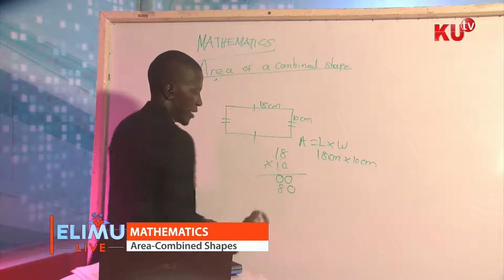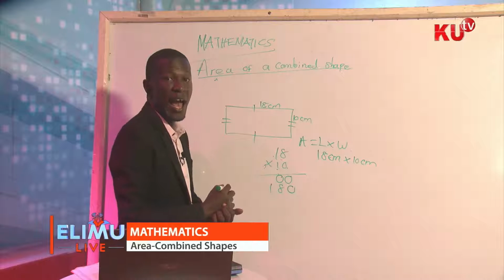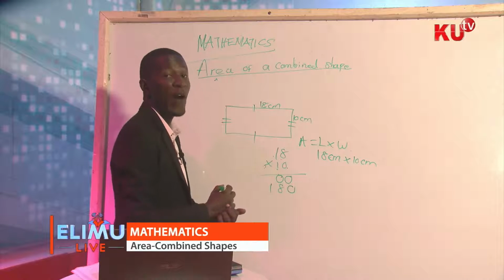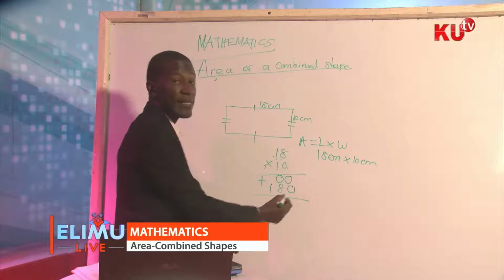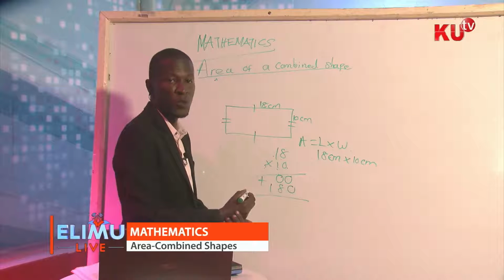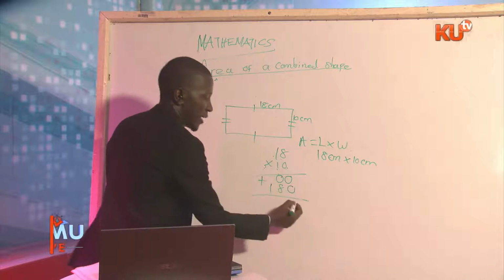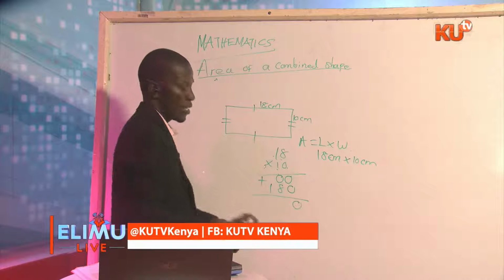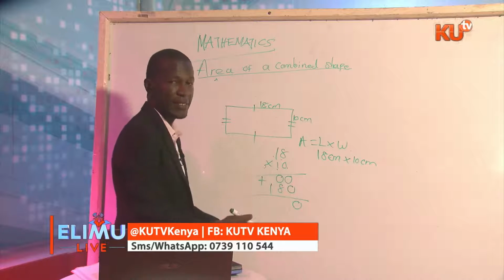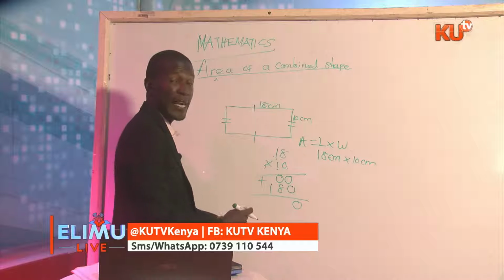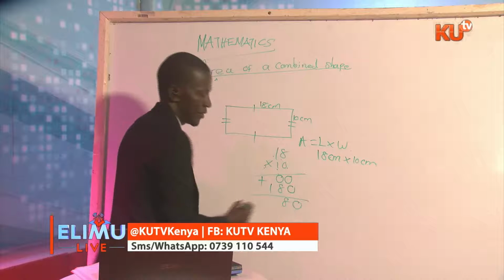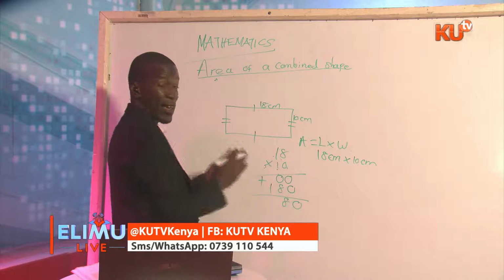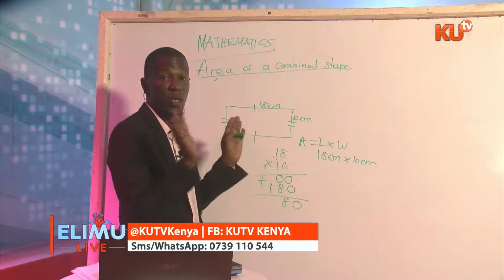What do we get? 1. Having done that, you now add the numbers. That is 0 plus 0. What will we get? We shall get 0. 0 plus 8 is equal to 8. Then there is no number here, so we assume it is 0.